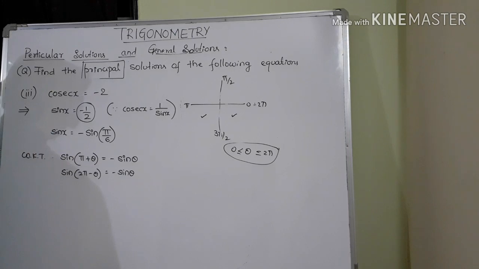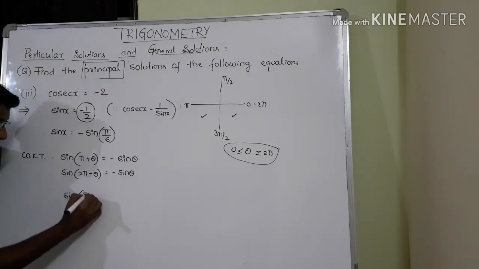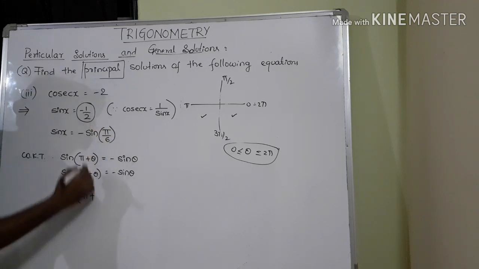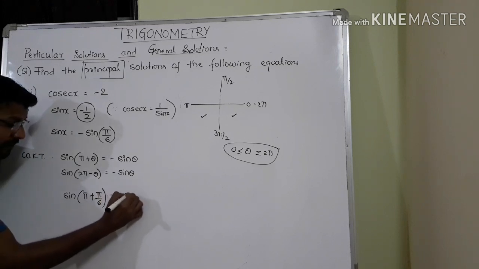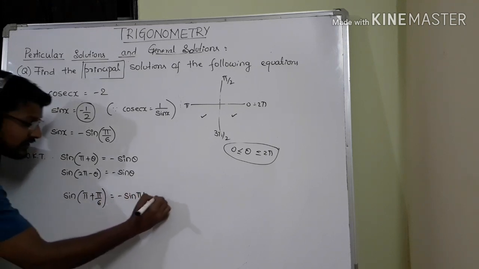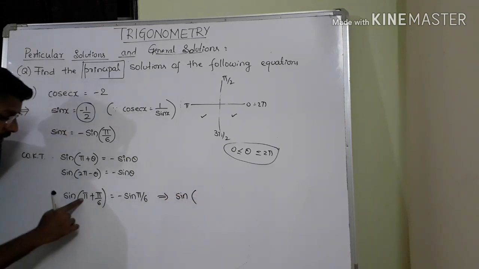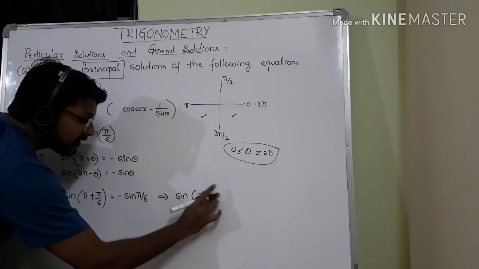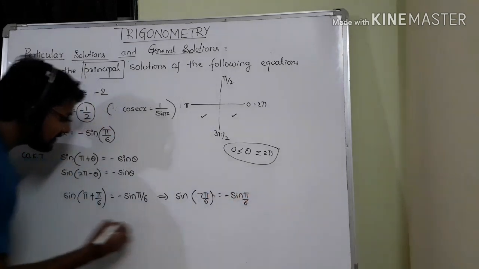So using these basics I can write sine of pi plus, in the place of theta you just need to write pi by 6. So this is sine of pi plus pi by 6, which is equal to minus sine pi by 6, and which gives me the answer as sine of 7 pi by 6 is equal to minus sine pi by 6 as one answer.